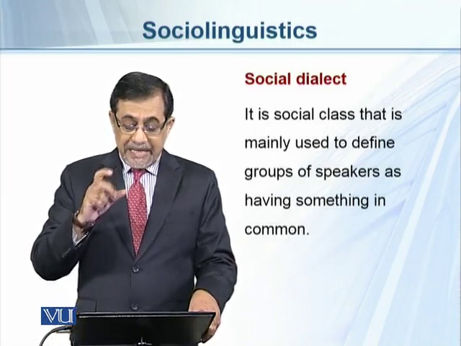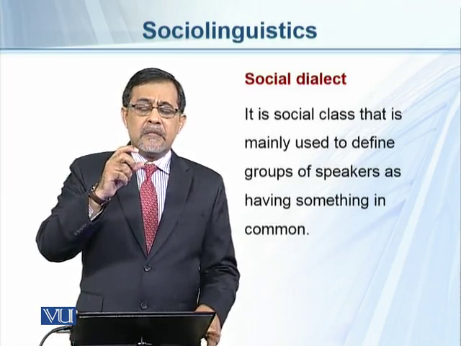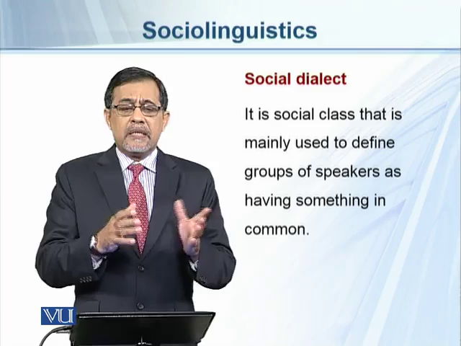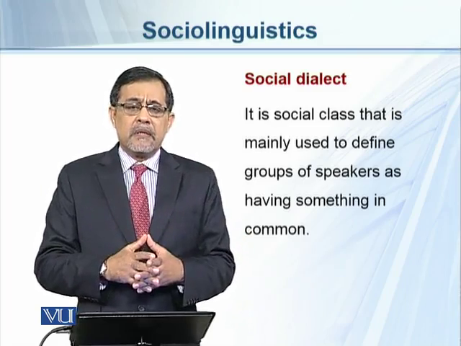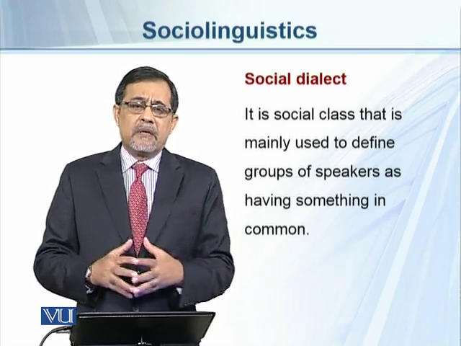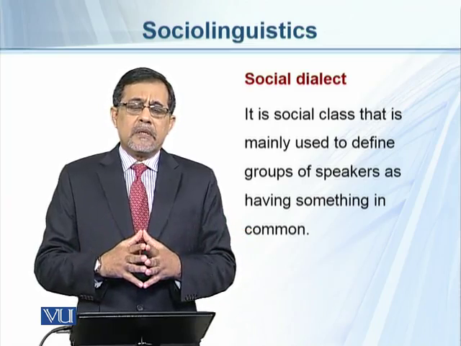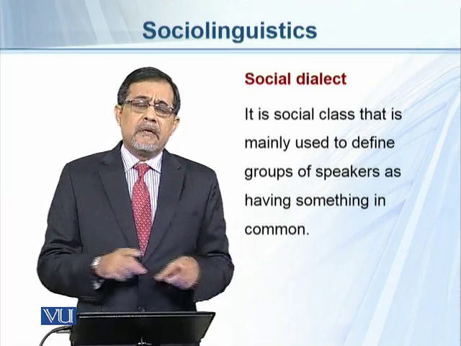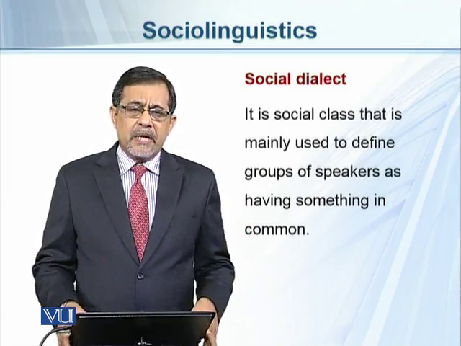So, social dialect. A dialect is defined as the way people use a certain pronunciation or a certain set of vocabulary, or the way they set certain constituents of the sentence.